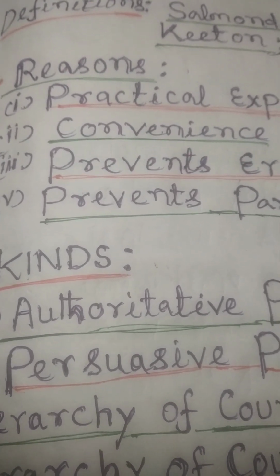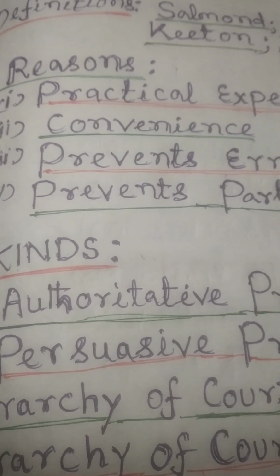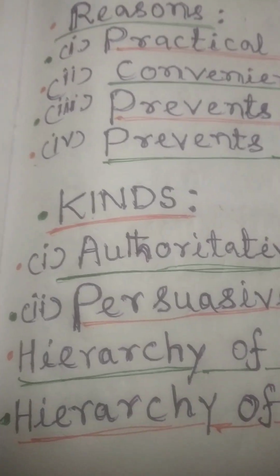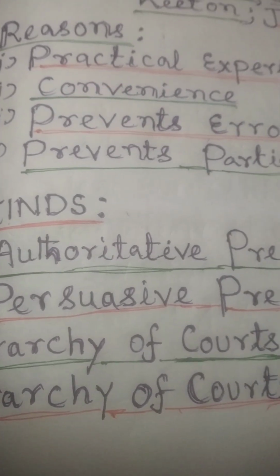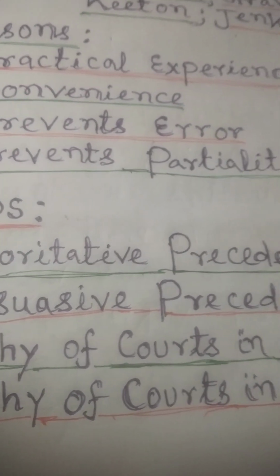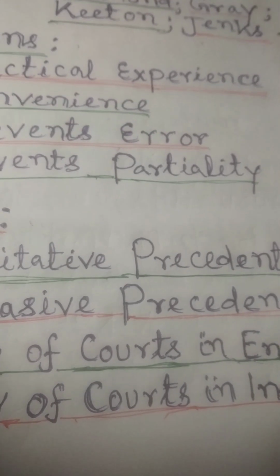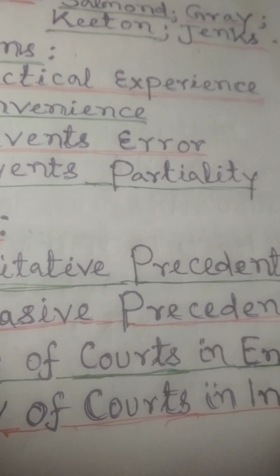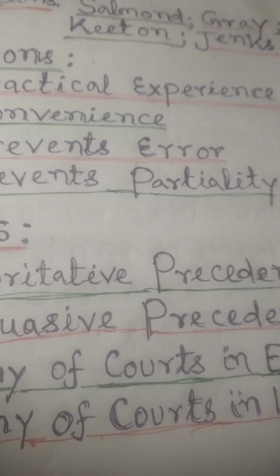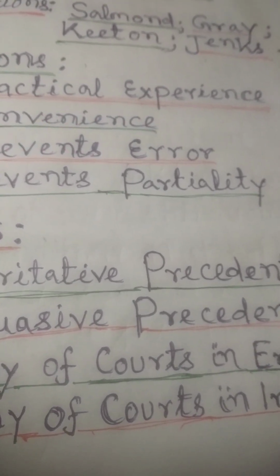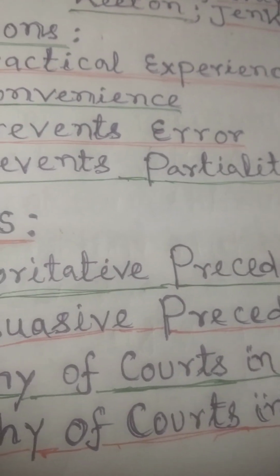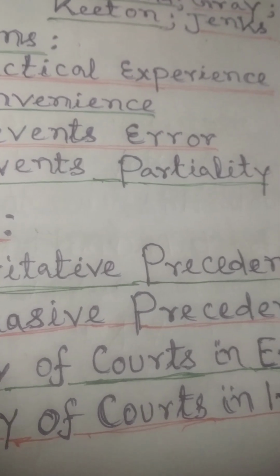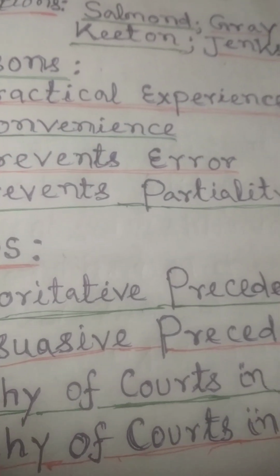Now we'll go to the hierarchy of courts in India. In the case of India, the highest court of the land is the Supreme Court, and below the Supreme Court are all the High Courts, and below the High Courts are the district sessions courts, and below that are the magistrate courts, and below those magistrate courts are the municipal courts.